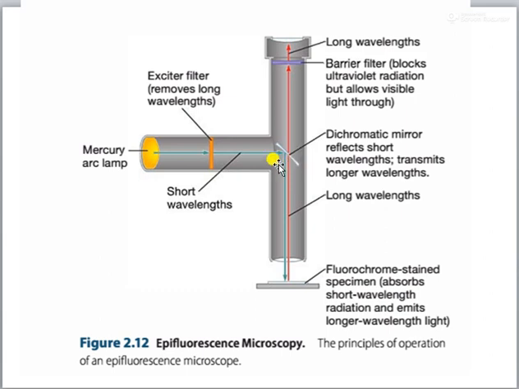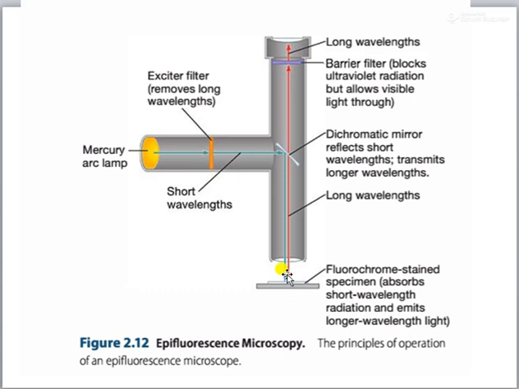The shorter wavelength of light will come and fall onto the specimen. When the short wavelength of light falls on the specimen, the fluorochromes which are attached onto the specimen will get excited. So it absorbs a shorter wavelength light radiation and it emits a longer wavelength light.